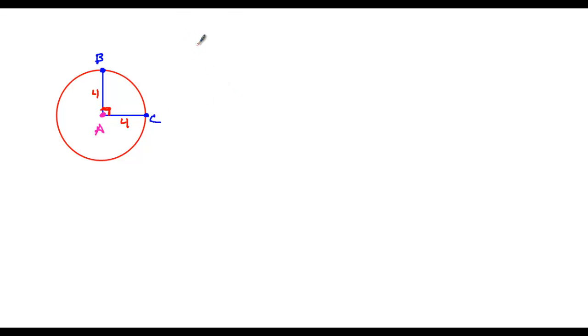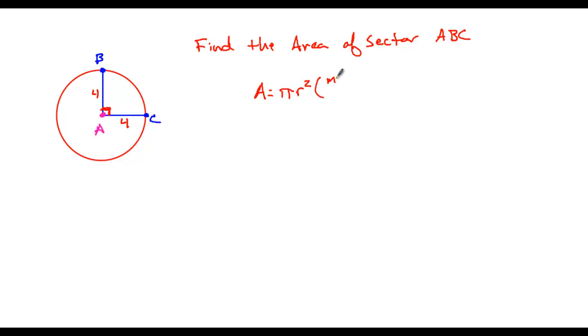And what we're going to do with this is find the area of sector A, B, C. So we know the area of a sector: the area equals pi r squared times m degrees over 360 degrees.